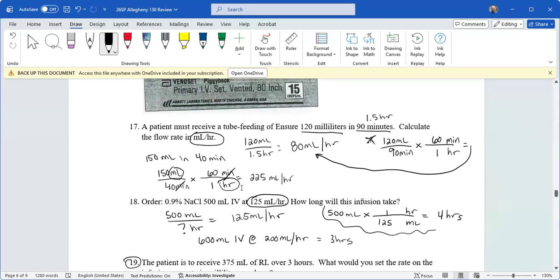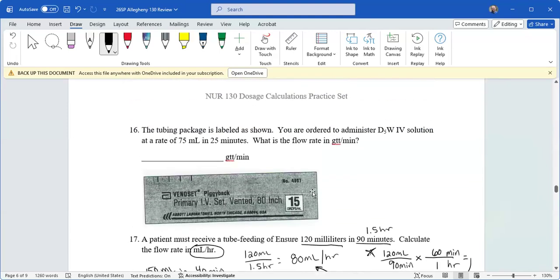All right. The next thing to talk about, we've been talking about flow rate, is drop rate.